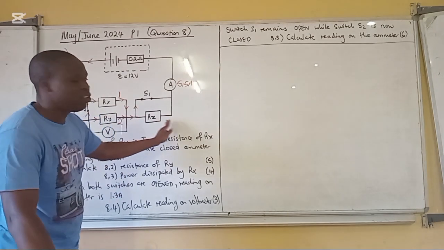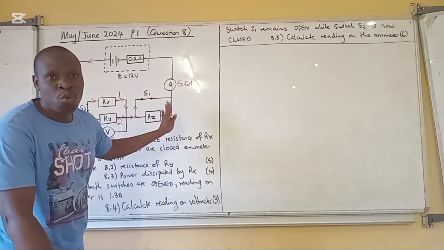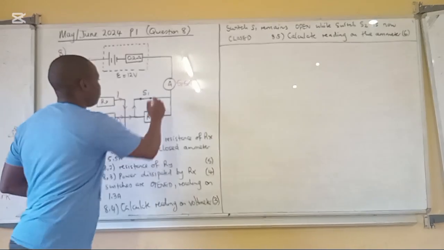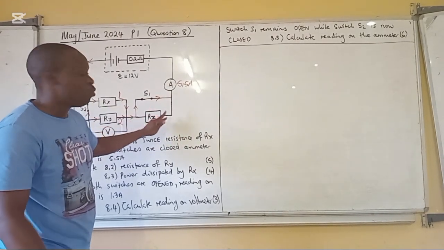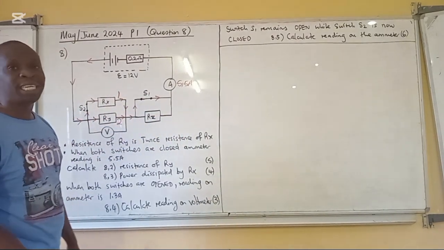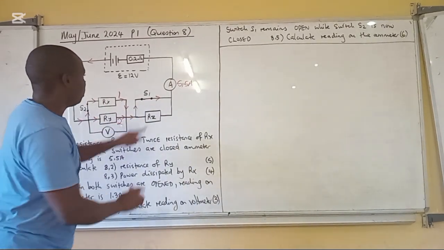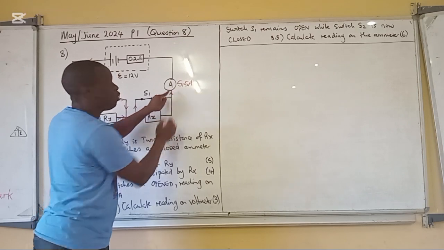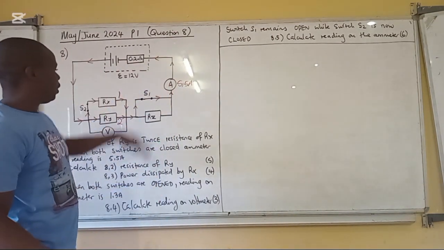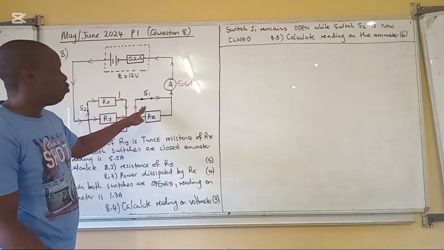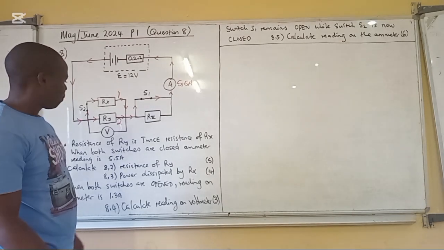Nothing is going to flow through resistor Rz. So it's as good as Rz is not connected to this circuit. So basically, this circuit will be just a circuit with only two resistors connected in parallel when both switches are closed. Then from this point, current will flow through the ammeter. From the ammeter, it goes back to the battery. So this is how current is going to flow when both switches are closed.